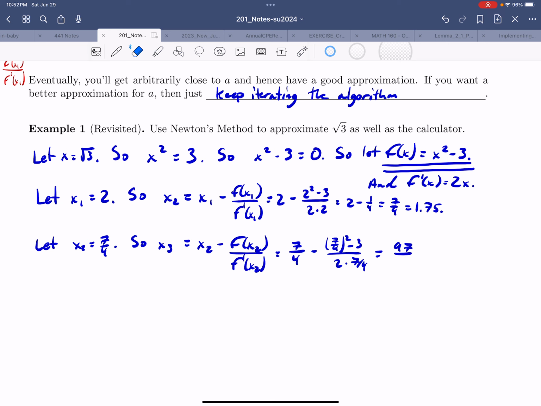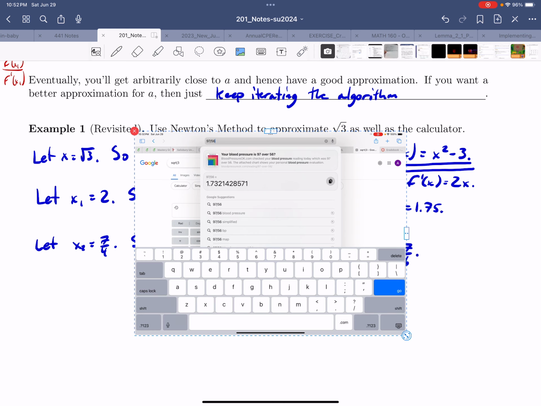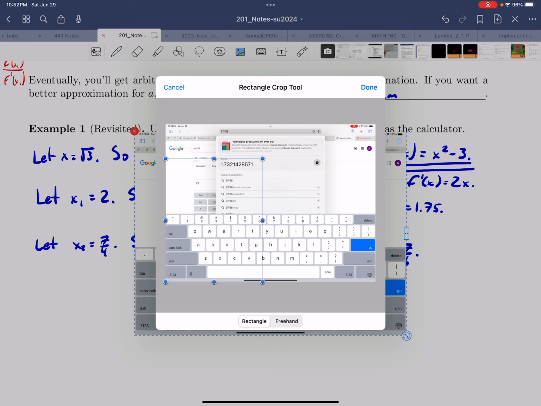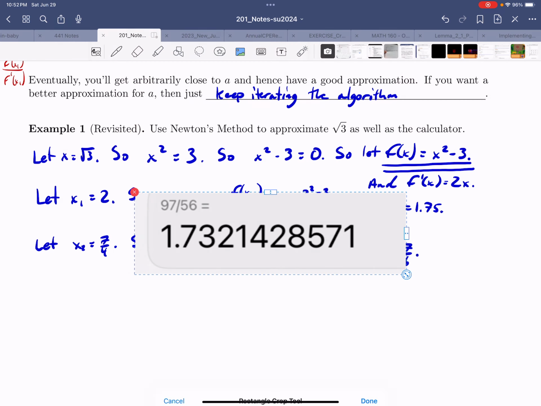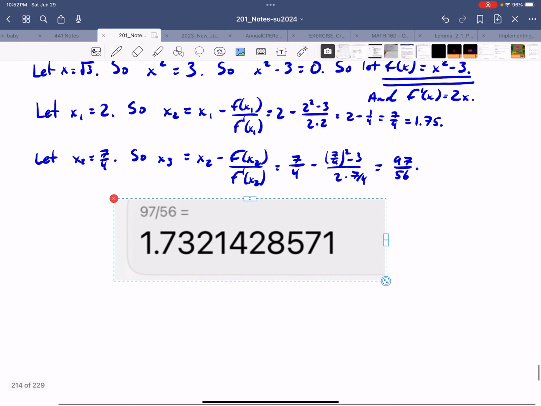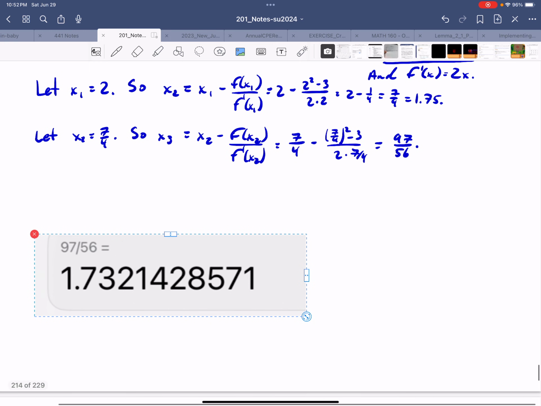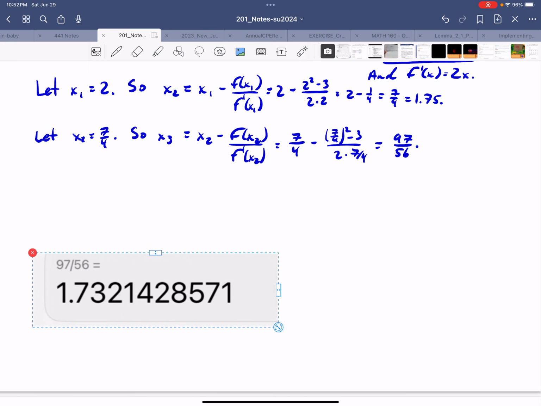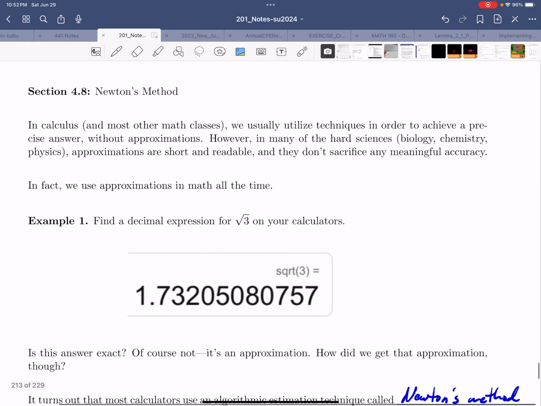And if you put that into a calculator, you get this. And this is reasonably close to the square root of 3.